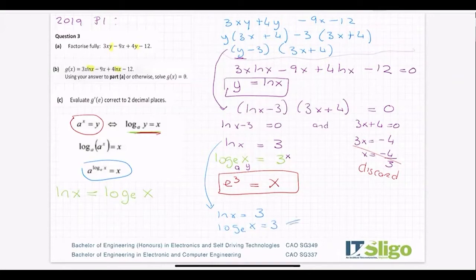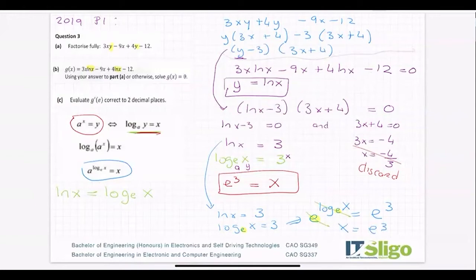So if I raise this to the base number, in other words, I always match the base number with what I'm raising. And what I do to one side, I must do to the other. Okay, what you'll find is that e and log to the base e cancel each other out, and you're left with just x being equal to e to the power of 3.